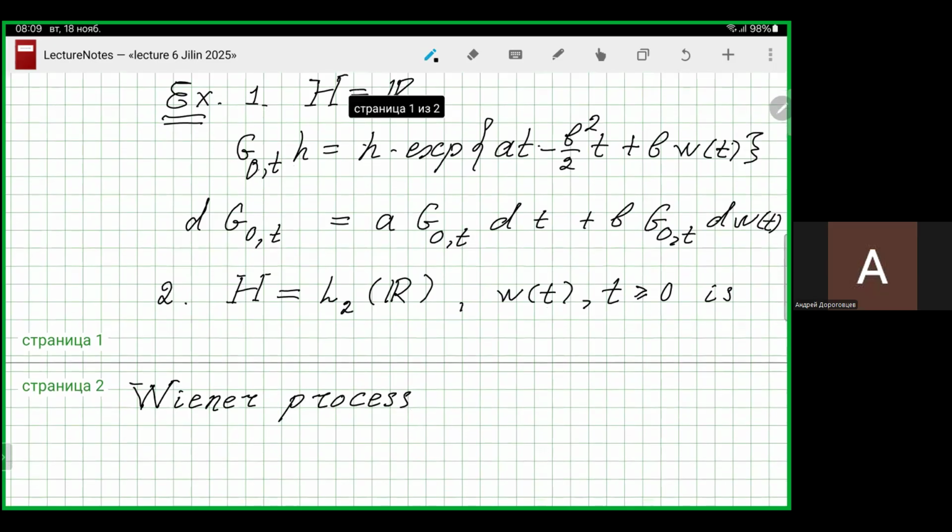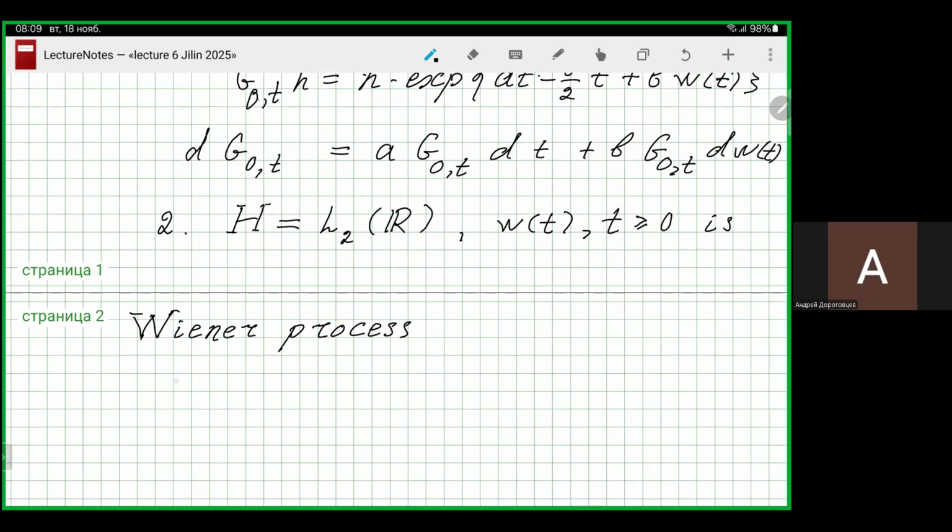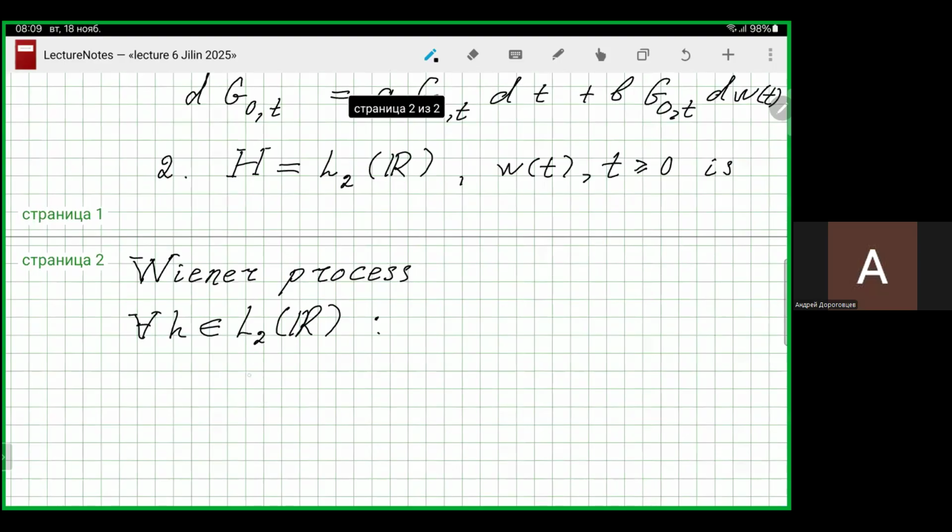Let us define J_{ST} for all h which belong to L2(R) as follows: J_{ST} h at the point u is equal to h(u + W_T - W_S).